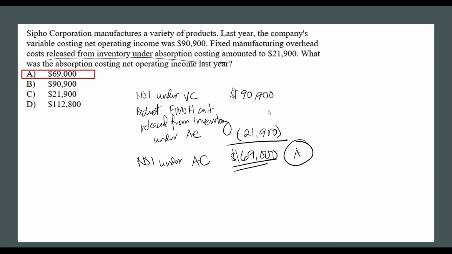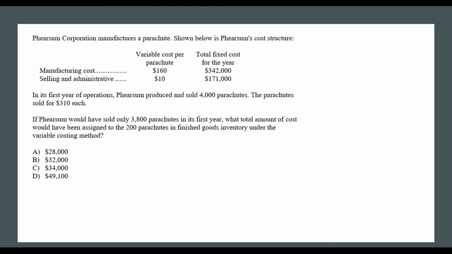Whereas variable costing is not affected by the release of the fixed manufacturing overhead costs from inventory, because under variable costing, the fixed manufacturing overhead cost is expensed immediately. It is not inventoried anymore. Okay, next problem.